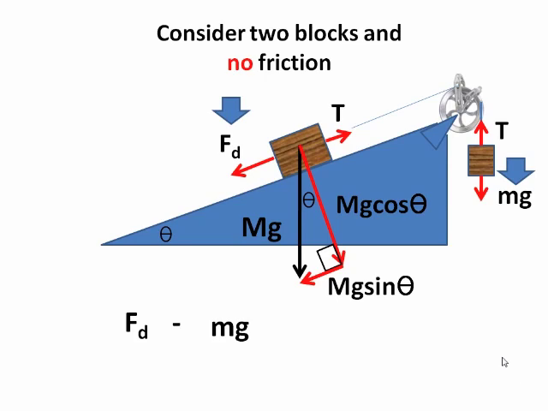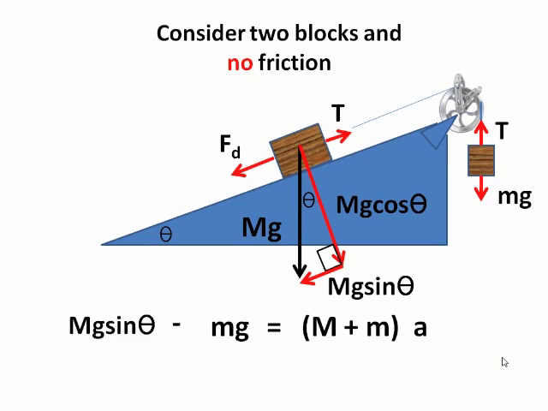And so Fd minus mg equals the total mass, which is big M plus little m, times a. But we know what Fd is, and Fd is Mg sine theta. So there's the equation, F net equals ma for the big picture of the two blocks and no friction.